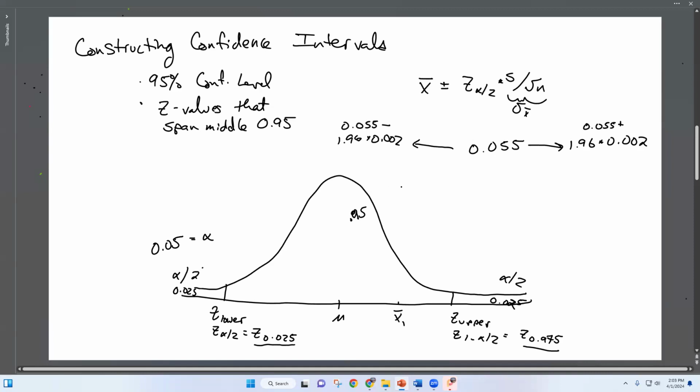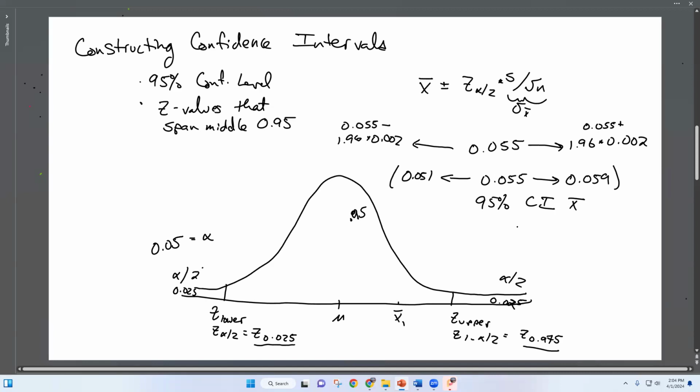If we run that calculation, we end up with 0.055, centered within 0.059 and 0.051. So that is our 95% confidence interval for X bar.